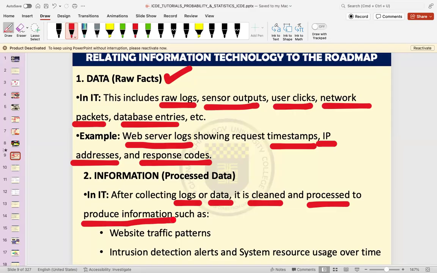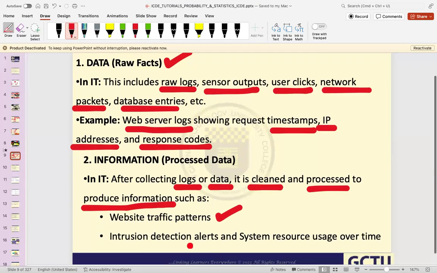An example is information you learn about website traffic patterns. And the second example, intrusion detection alerts, you know some of them already. They are all information that will be given to you by the system.